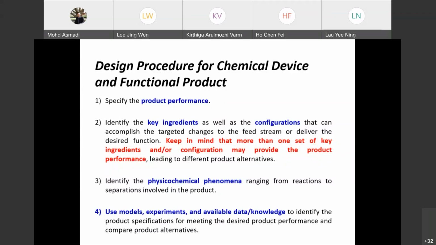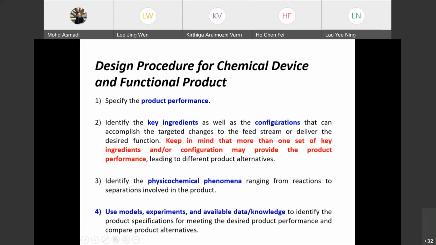So the first step is to specify the product performance. Second, identify the key ingredients. The third one is to identify the physical chemical phenomena, including the configuration.